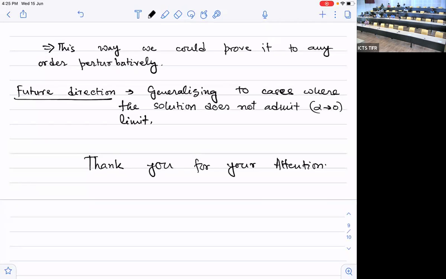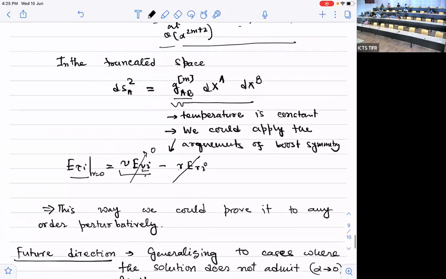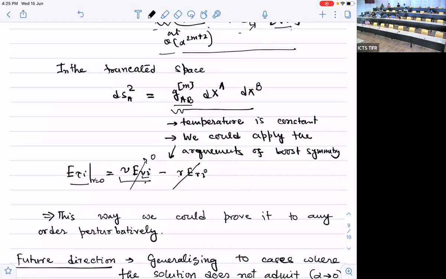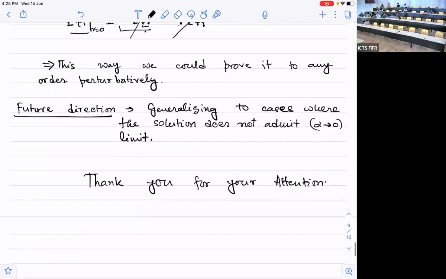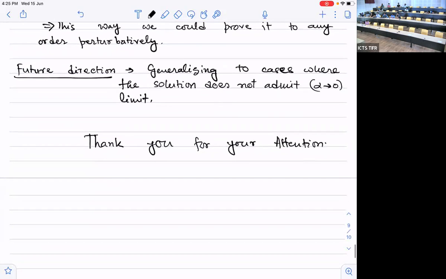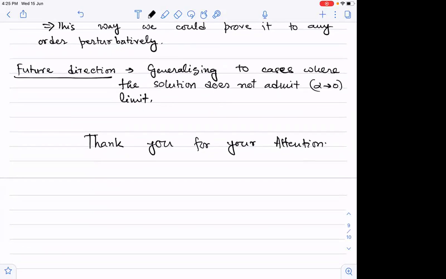So are there more questions? In your future direction, that means theories which are not perturbatively connected to Einstein-Hilbert gravity? The theories are perturbatively connected to Einstein-Hilbert gravity, but you are considering solutions which are not perturbatively connected to the solution of Einstein gravity.